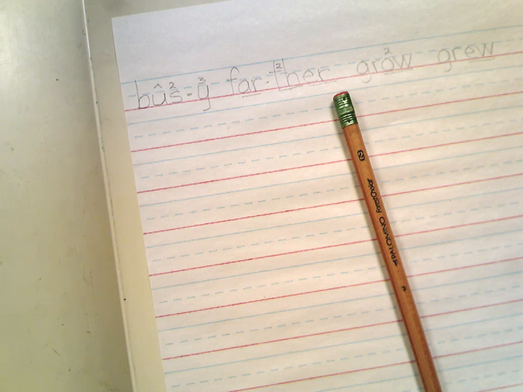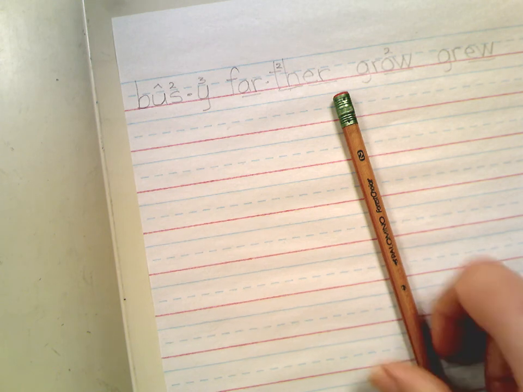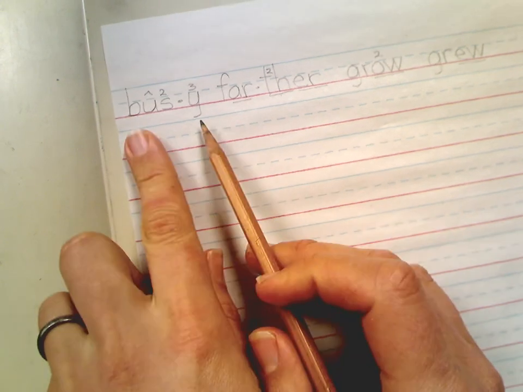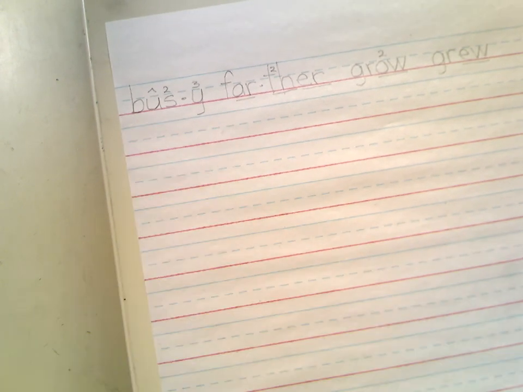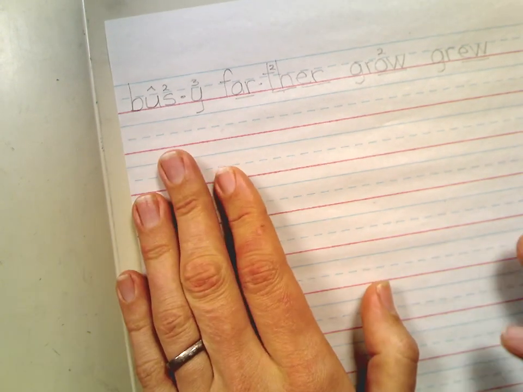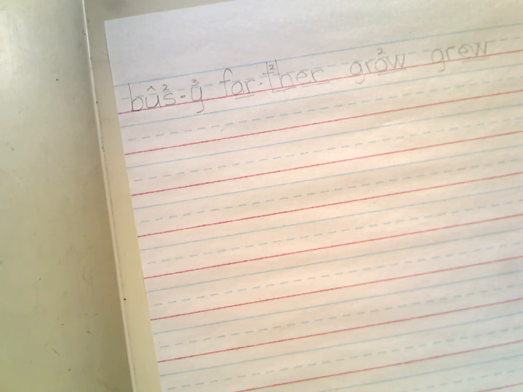You ran the farthest of anyone in our class. Farthest. Right? So when we have an adjective and we add the er, it makes it comparative. When we add the est, it means it's the most of more than 2 things. So we're comparing at least 3 things and one of them has the most of that quality.